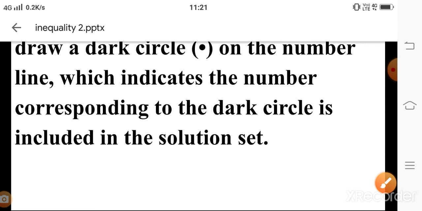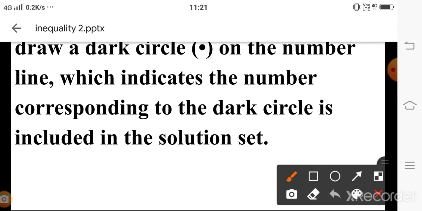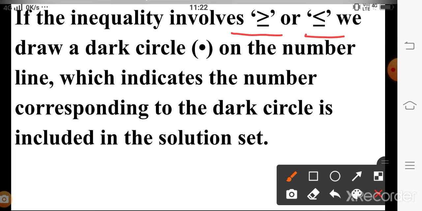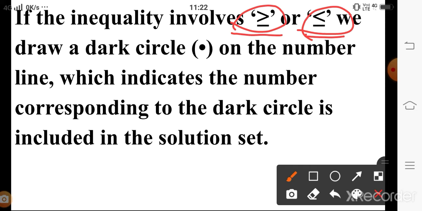And if the inequality is less than or equal to, or greater than or equal to, where we get the equal to sign, then we draw a dark circle on the number line, which means you are including that number.